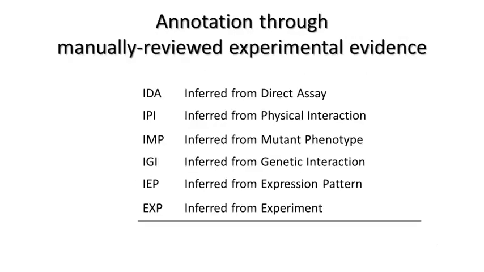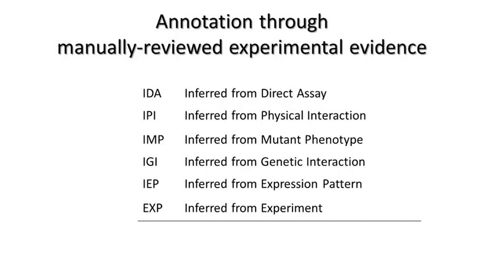Direct experimental evidence that has been manually reviewed by experts at the Gene Ontology Consortium, often called curators, is usually considered the strongest evidence. The curators review the published literature for experimental evidence linking genes and gene products to molecular functions, biological processes, and cellular components.